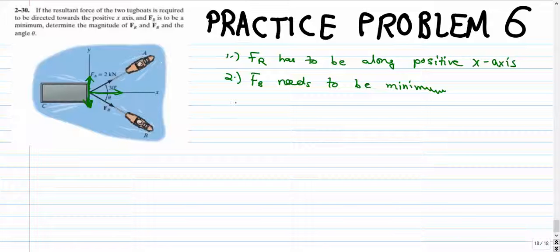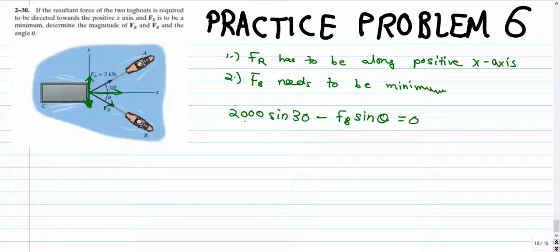Okay, so let's write an equation that says just this, right? So 2000 sine of 30 degrees, this is the y component for the 2000 Newton force, minus Fb sine of theta, this is the y component for the Fb force, has to be equal to 0, right?